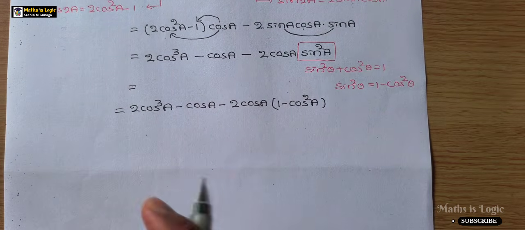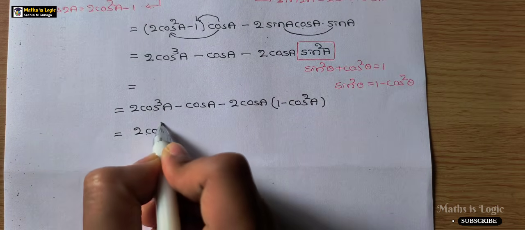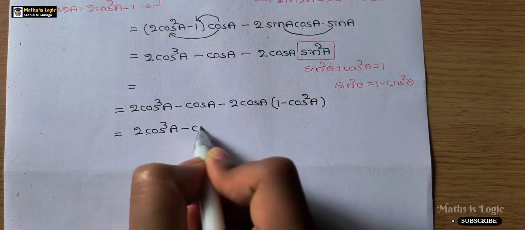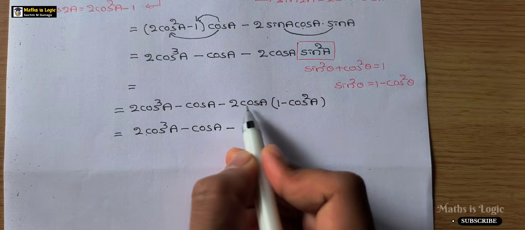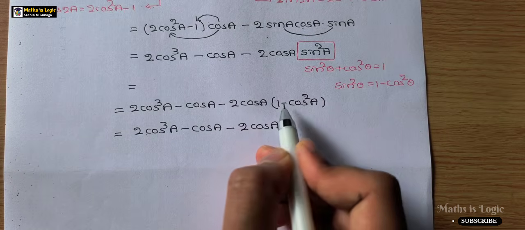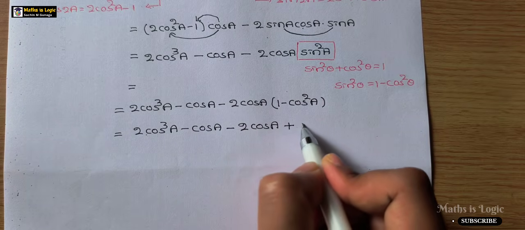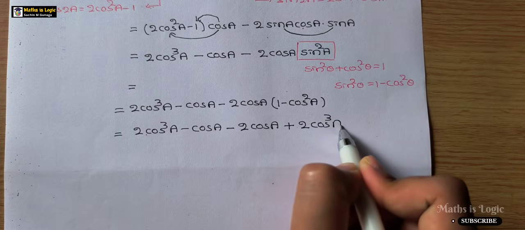So next, which is equal to 2 cos cube a minus cos a, open the bracket, minus into plus, minus 2 cos a into 1 is minus 2 cos a, minus into minus plus 2 as it is, cos into cos square goes to cos cube a.